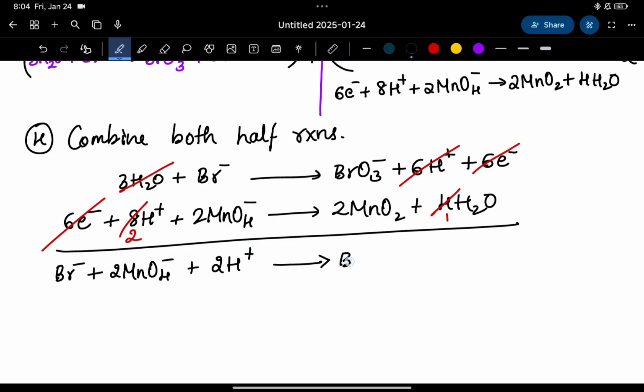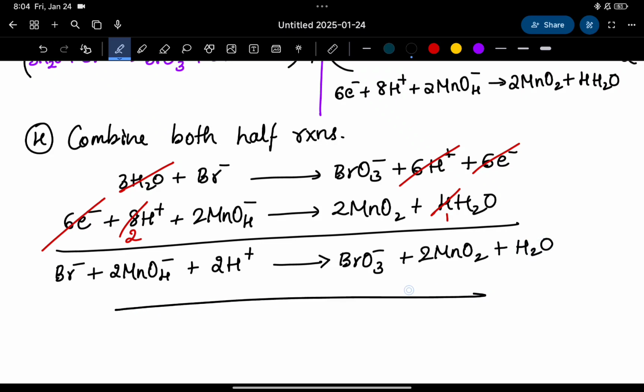On the right hand side, BrO3- plus 2MnO2, plus 1 water molecule remaining on the right hand side. So this gives us the balanced redox reaction by the half reaction method.